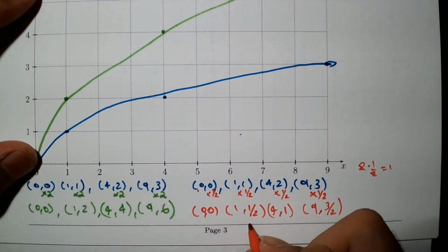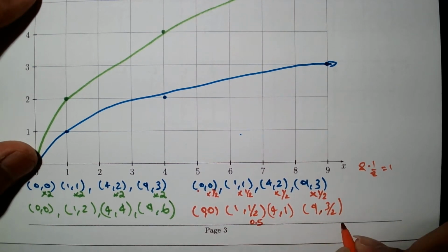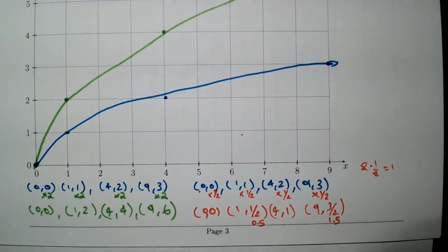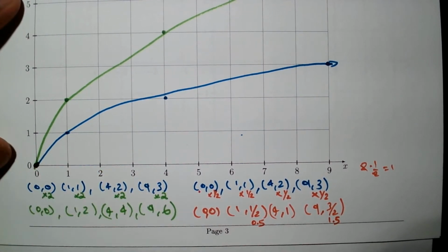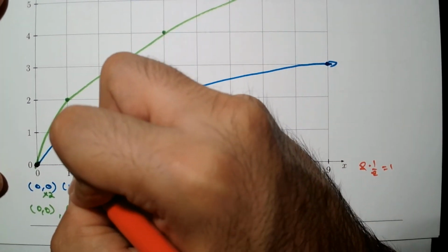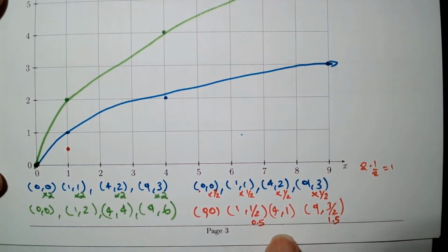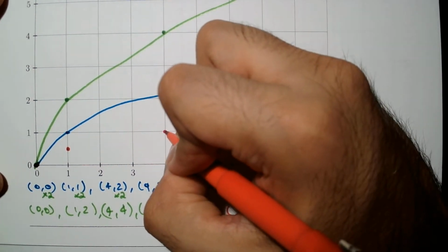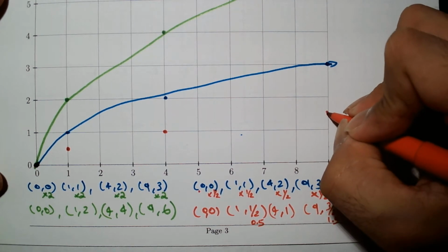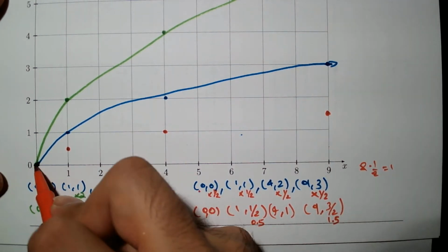For your convenience, you might want to use 0.5 over here and 1.5. Either way is fine. Now let's plot these points. 0, 0, 1, 1/2. Notice half is somewhere here. And 4, 1, and 9, 3/2, which is 1.5.